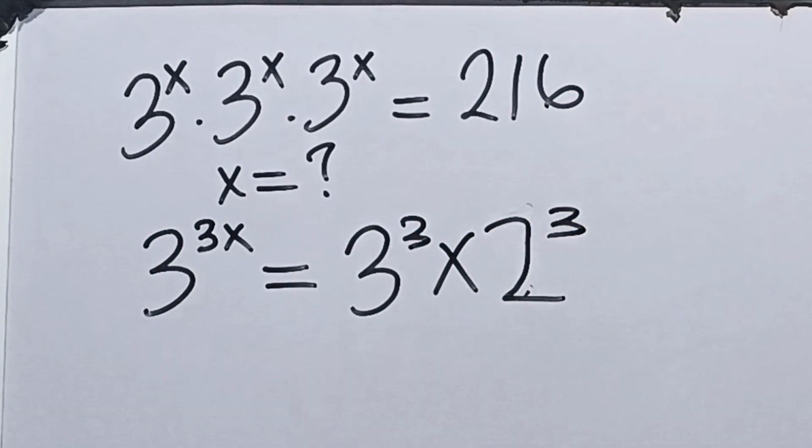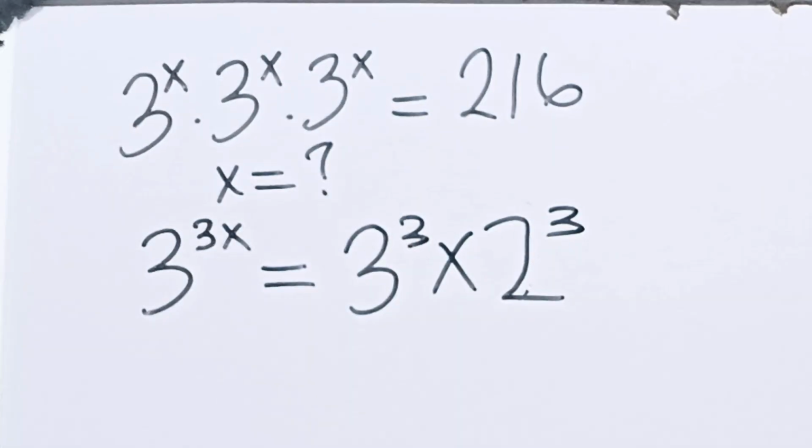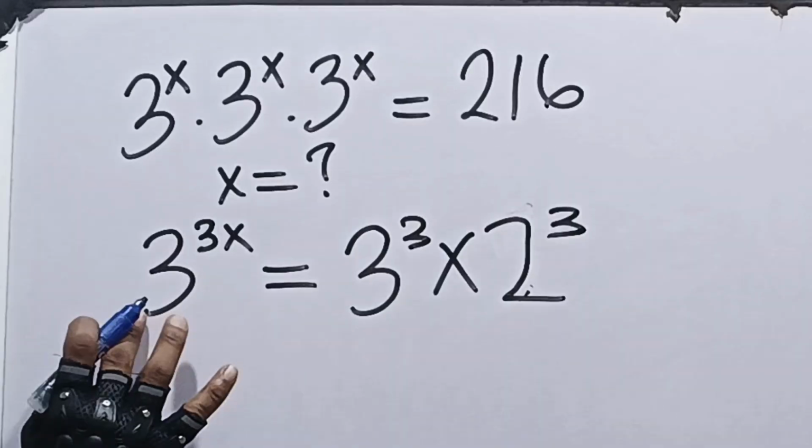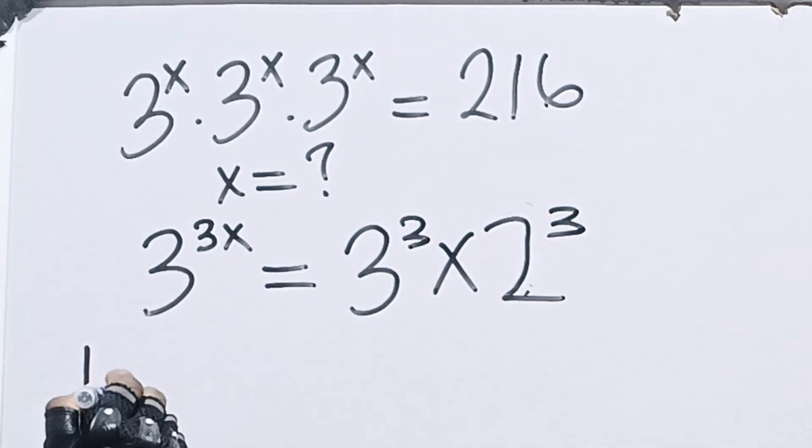Now from here, let us take the logarithm of both sides in the base of the number carrying x. The number carrying x is 3, so we take the logarithm of both sides in base 3.